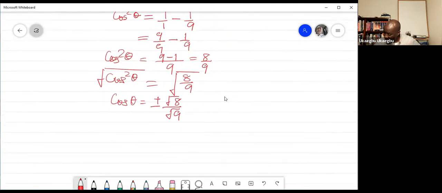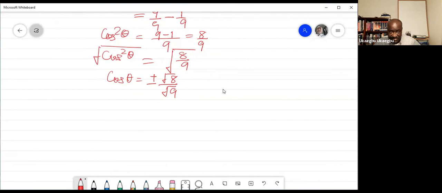All right, and square root of 8 is 2 square root of 2. You can write it as square root of 4 multiplied by square root of 2 over square root of 9. So this is plus or minus 2 square root of 2 divided by 3.